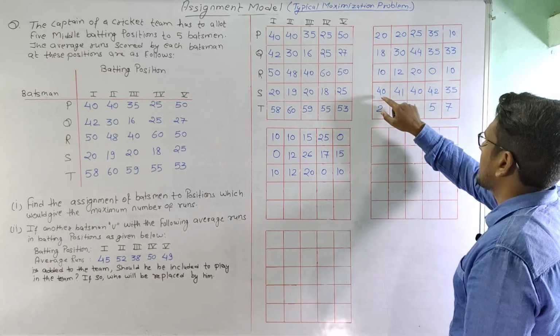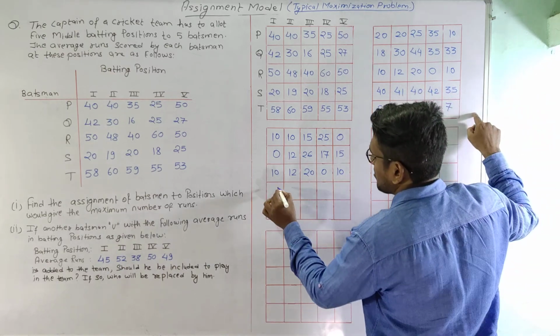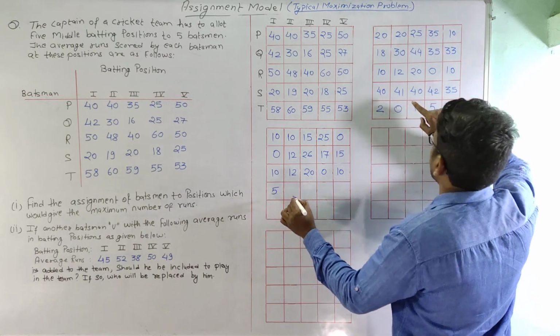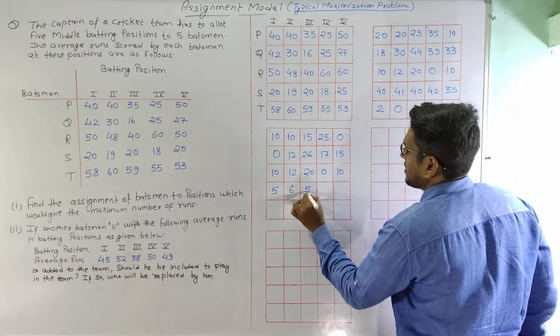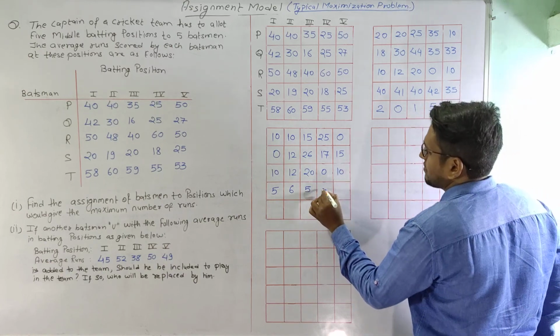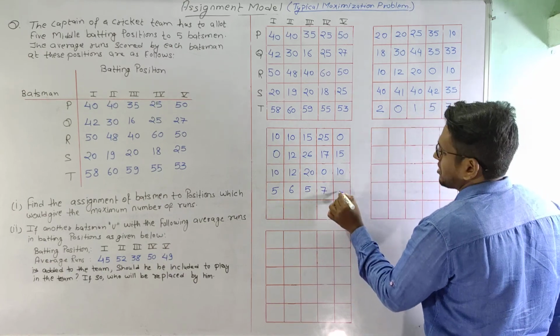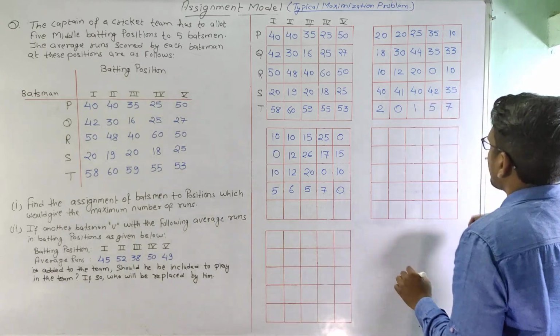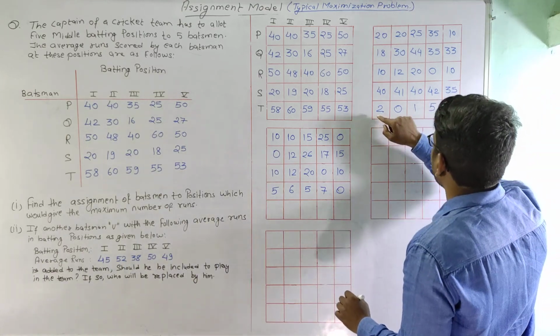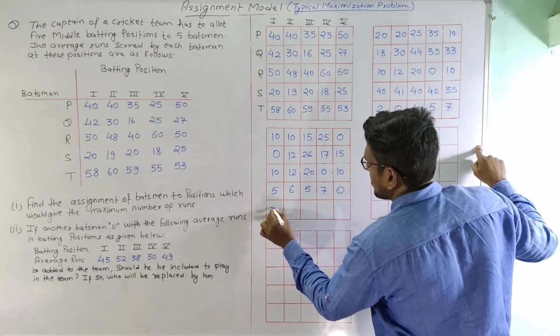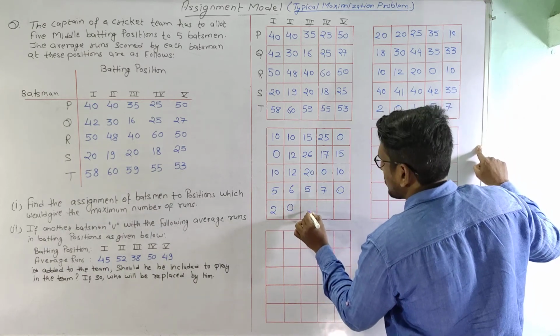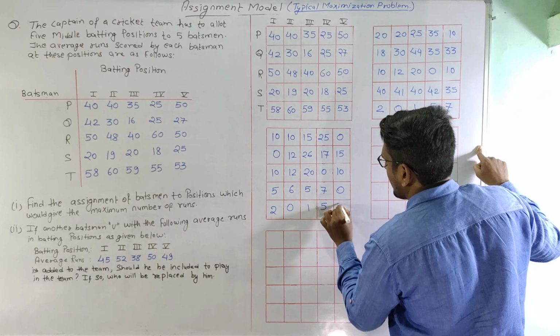So we will subtract 35 from each element. 40 minus 35 is 5. 41 minus 35 is 6. 40 minus 35 is 5. 42 minus 35 is 7. 35 minus 35 is 0. Similarly, for the last row, we already have a 0 here, so this row will remain as it is. So this will be 2, 0, 1, 5 and 7.